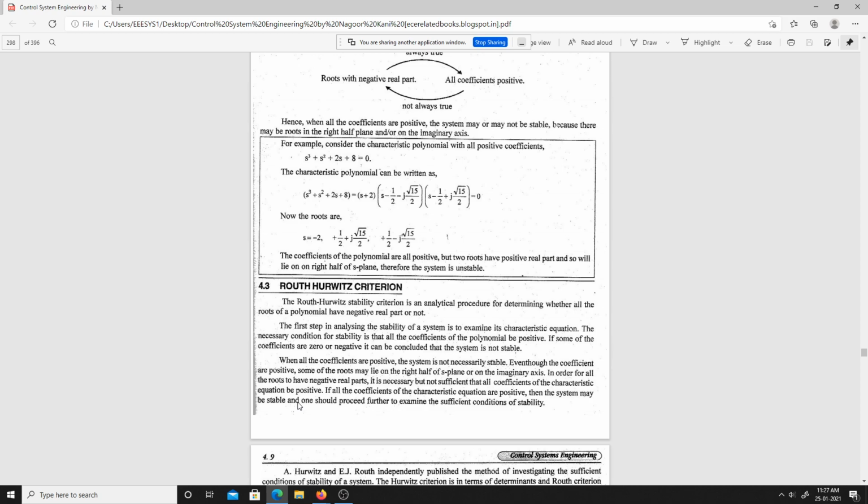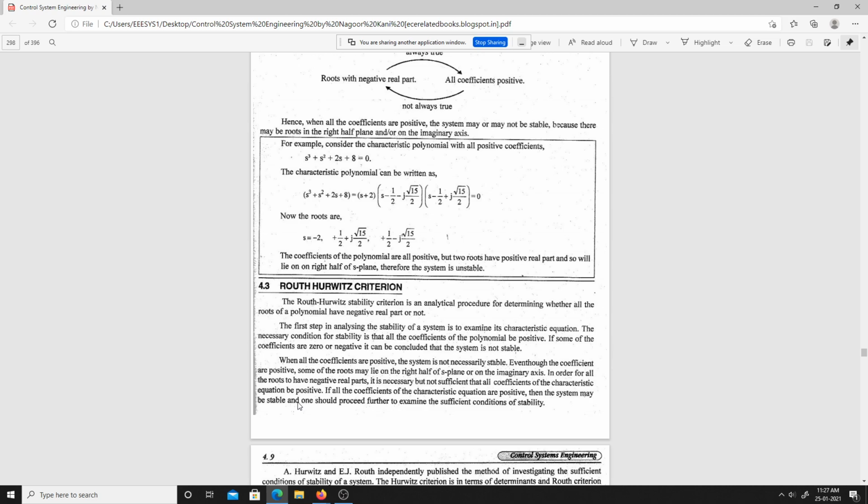Now that is the first job completed. We came to know that all the coefficients of this particular polynomial are positive. That is the first necessary condition. Even if the coefficients are positive, some of the roots may lie on the right half of the s plane or on the imaginary axis.